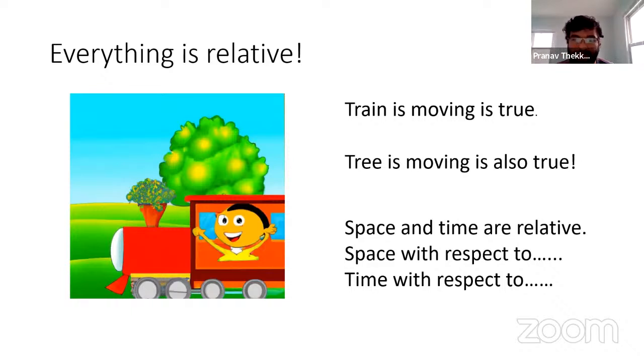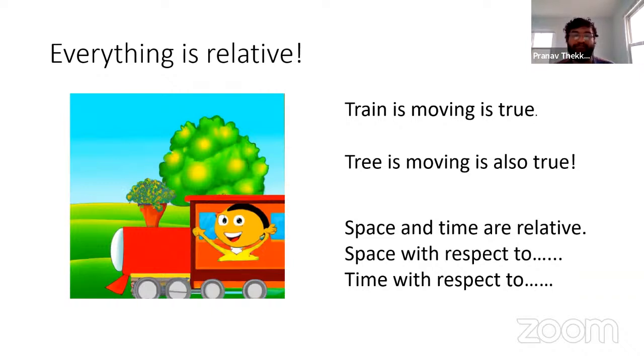And then immediately the parent comes in and starts correcting the kid, saying that the tree is not moving, the train is moving, and that is why the tree seems to move. But in fact, everything is relative. With respect to the kid, who is in fact sitting, the tree is in fact moving.